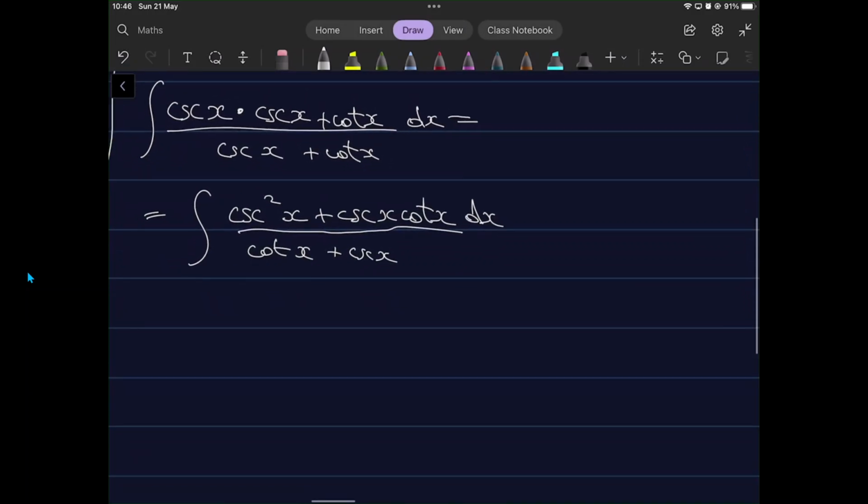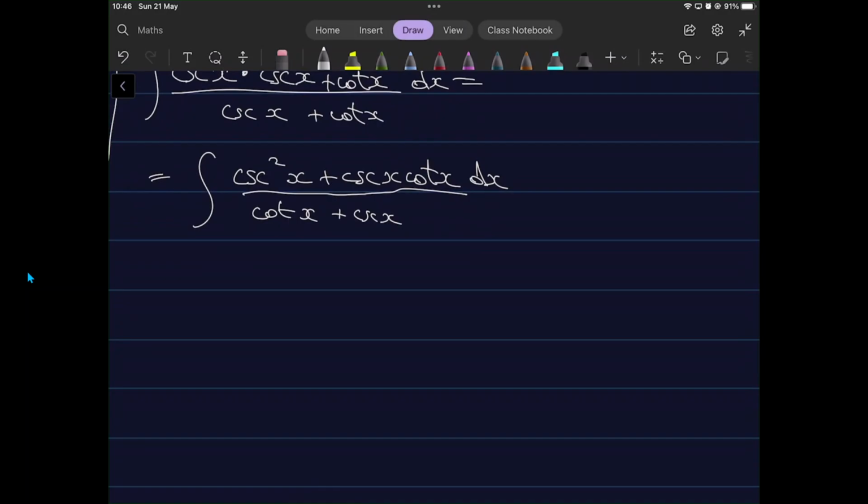Alright, now if you're doing A-level maths, you will know that here we can apply something called the reverse chain rule. But if you're not, then I guess we should just take a substitution. Let's let u equal to the denominator, like this. And so du is equal to negative cosecant squared of x minus cosecant x cotangent x, all multiplied by dx.